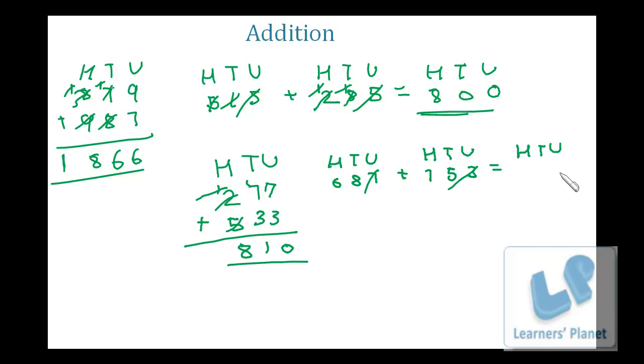So 3 plus 7 is 10, 0 and 1 is carried. 5 plus 1, 6, plus 8, 14. 4 and 1 is carried. 7 plus 1, 8, plus 6, 14. And 14 as it is. So this is 1440.